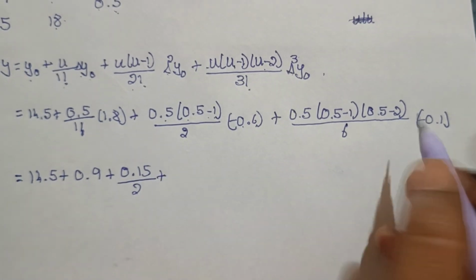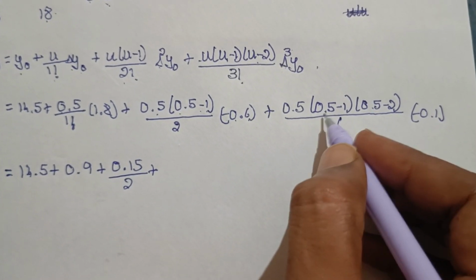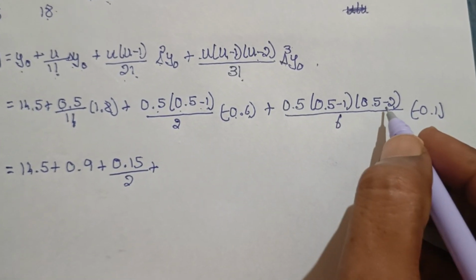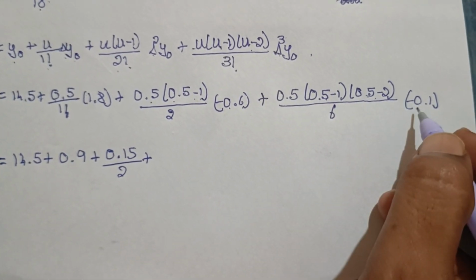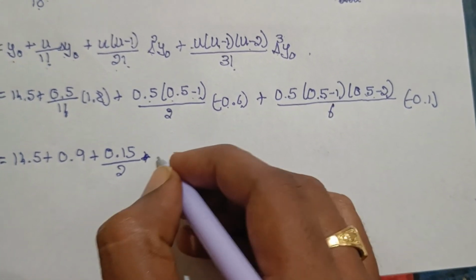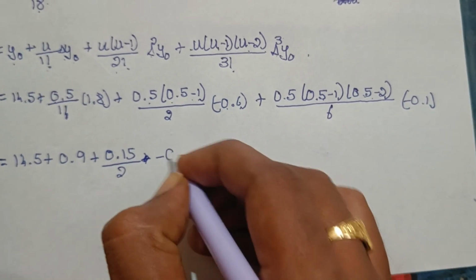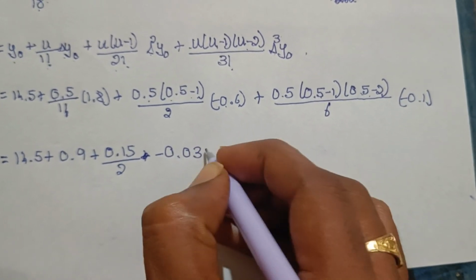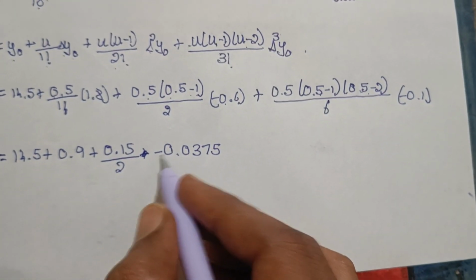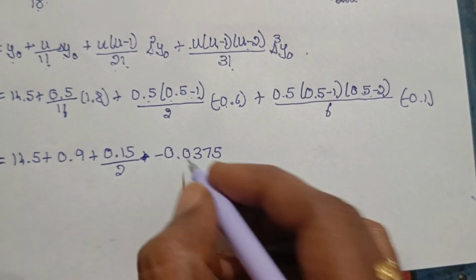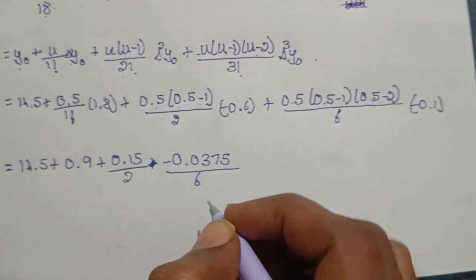Plus 0.5 minus 1 is minus 0.5, 0.5 minus 2 is minus 1.5. Minus into minus is plus, plus into minus becomes minus. That is minus of 0.0375. If you multiply these, we get the answer as minus 0.0375 divided by 6.